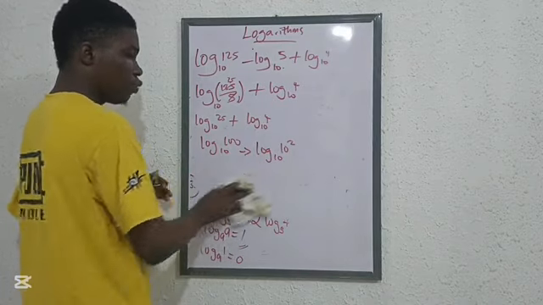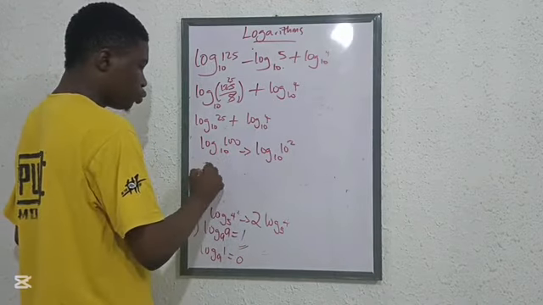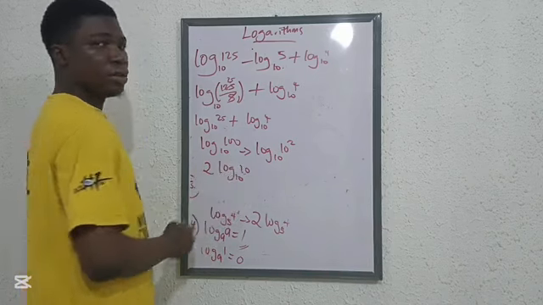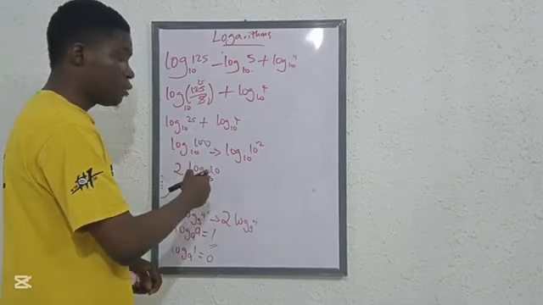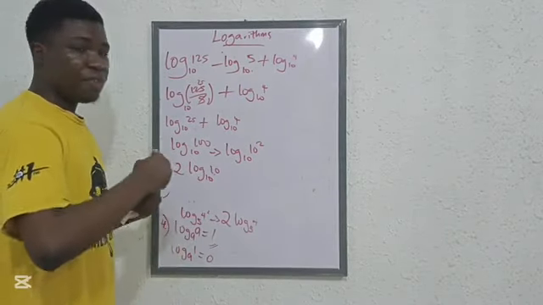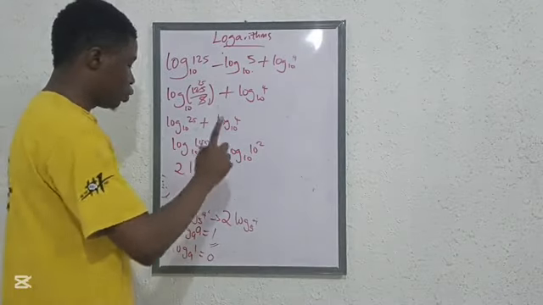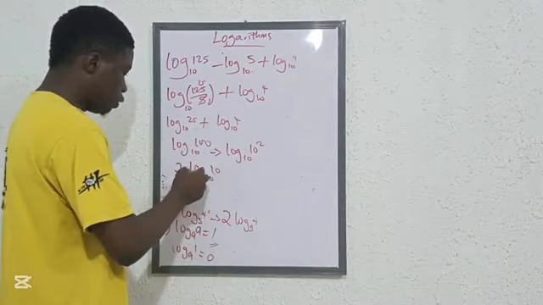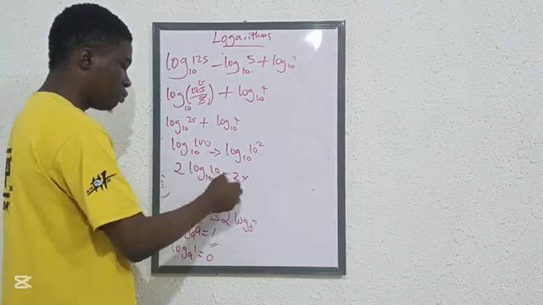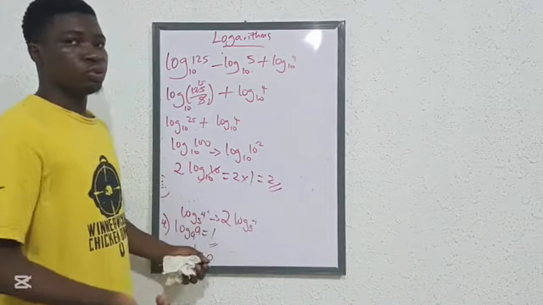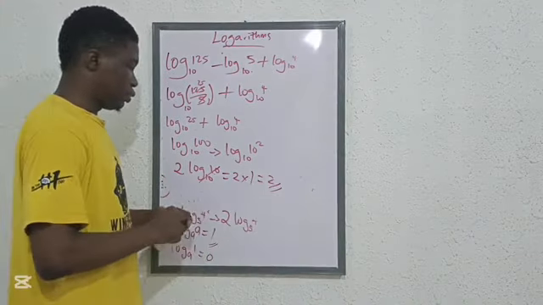So we have 2 log 10 base 10. And remember the law that log a base a is what? 1. So we have 2 times 1. So our final answer is 2. Thank you.